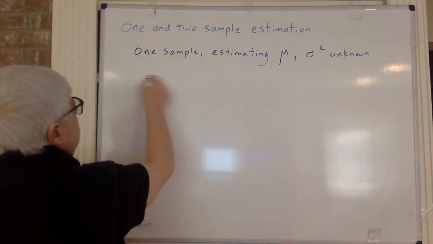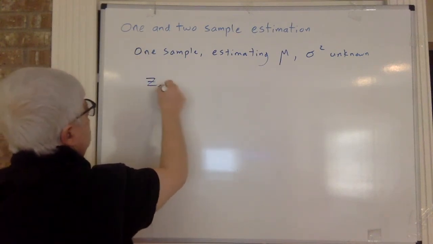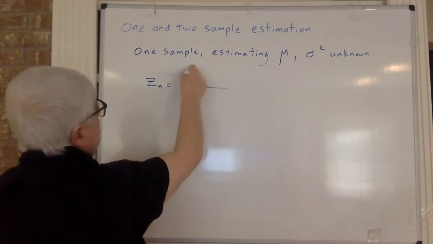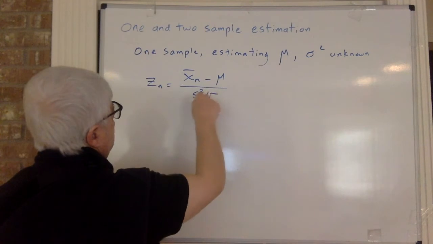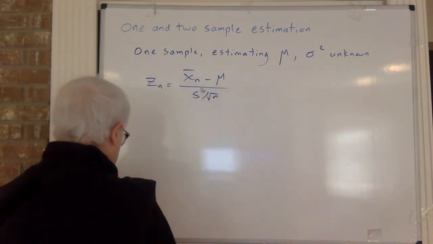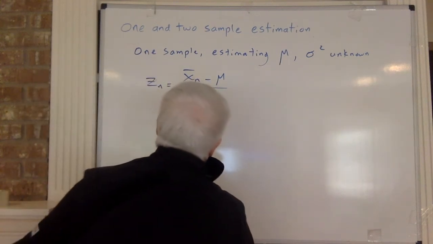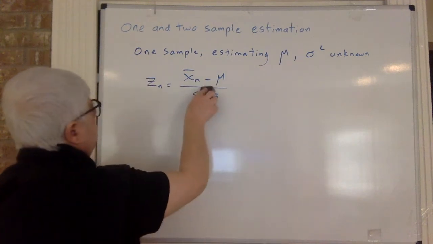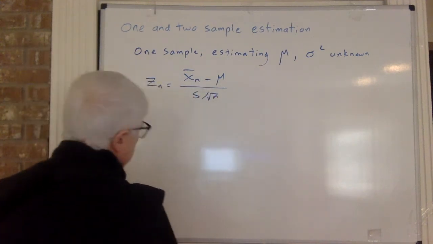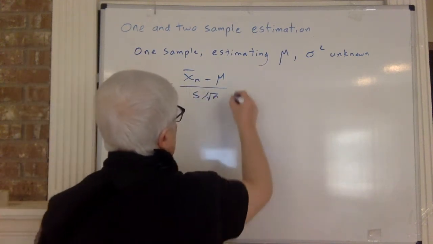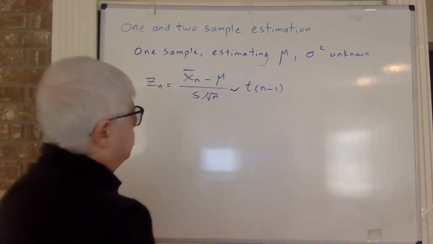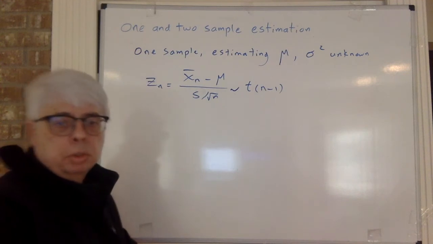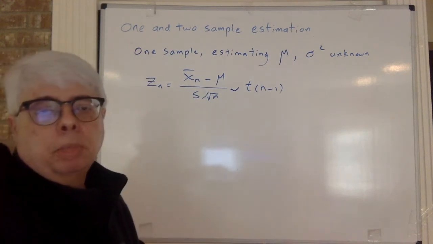Well, the estimator was like z, again I can call it n. The estimator was x bar n minus mu divided by s over square root of n, right? And the distribution of this thing was t with n minus 1 degrees of freedom. Okay? So the distribution of this thing was t n minus 1.